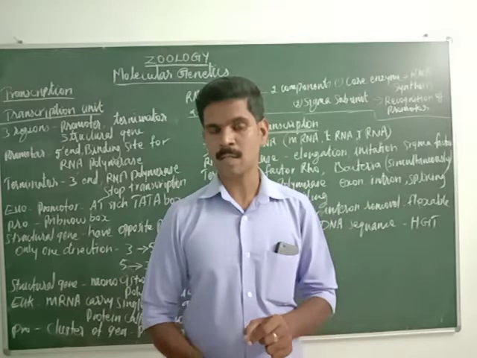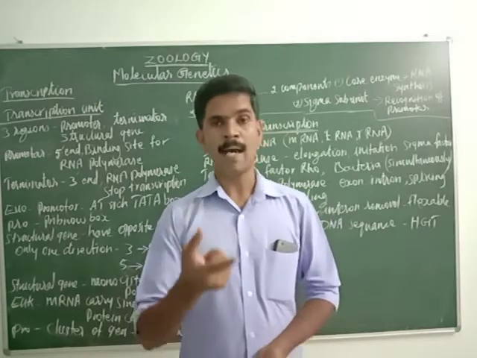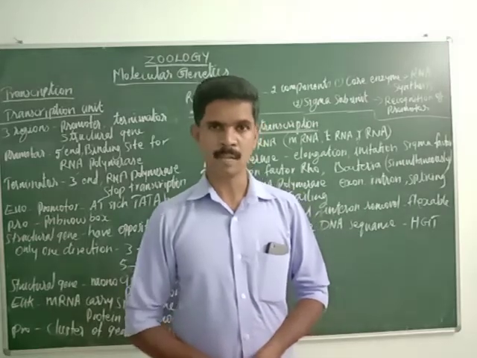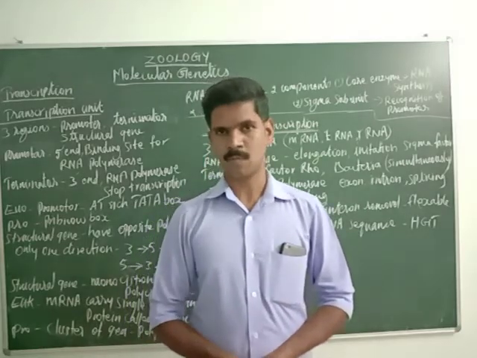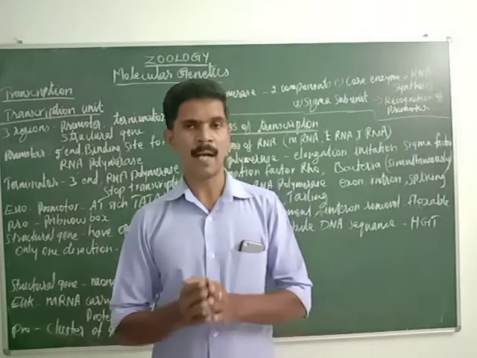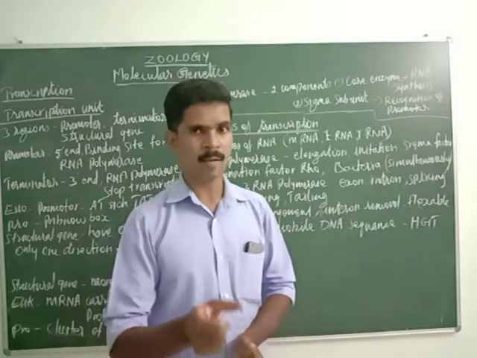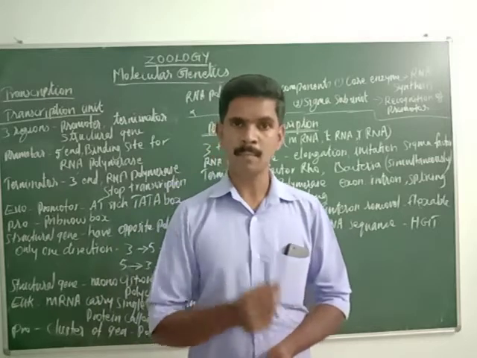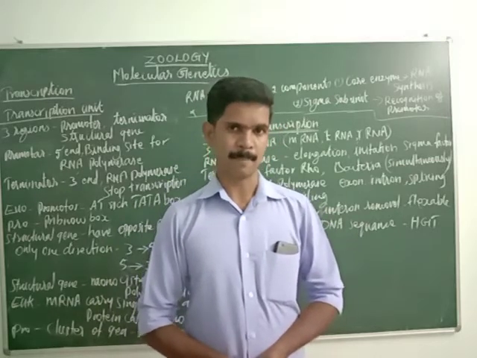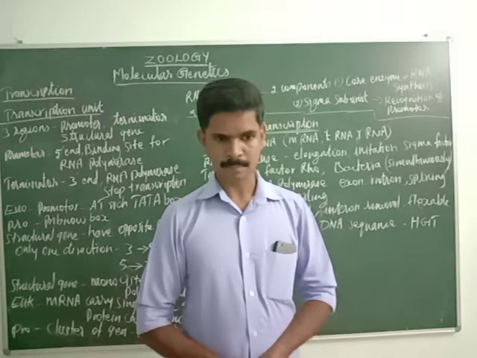These coding sequences are called exons. The non-coding sequences are also there, and these non-coding sequences are called introns. So exon means interrupted coding sequence and intron means non-coding sequence in a monocistronic structural gene. Understand?